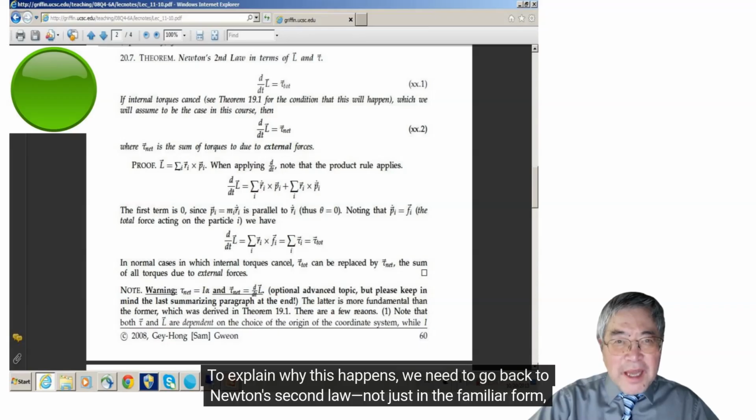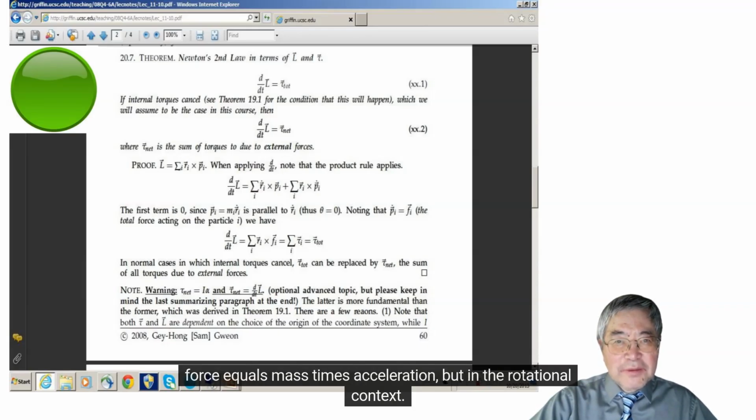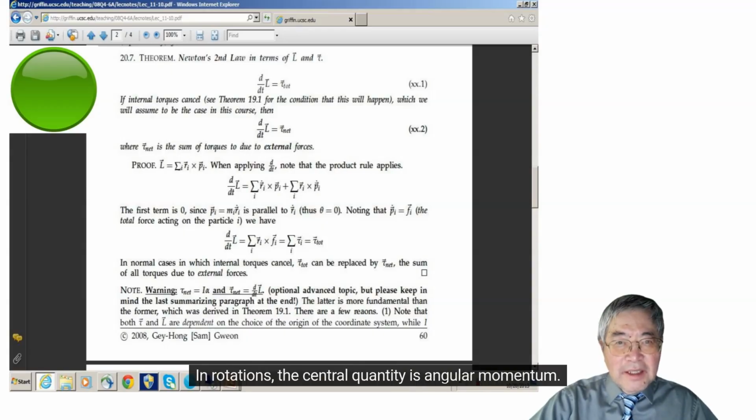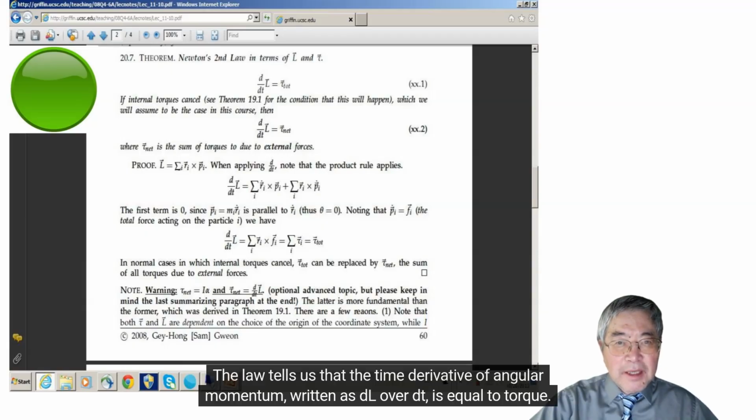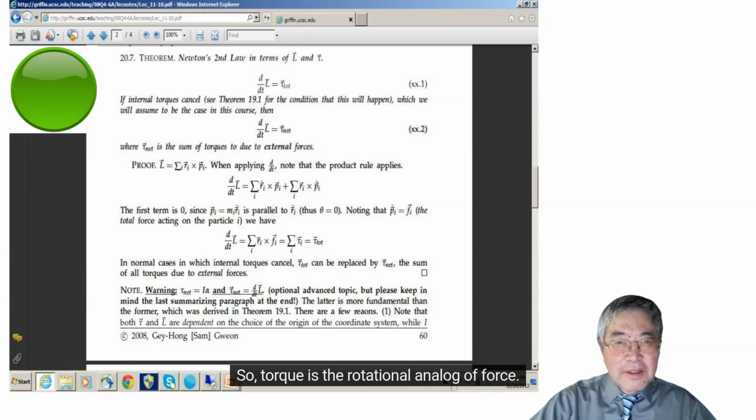To explain why this happens, we need to go back to Newton's second law, not just in the familiar form force equals mass times acceleration, but in the rotational context. In rotations, the central quantity is angular momentum. The law tells us that the time derivative of angular momentum, written as dL over dt, is equal to torque. So torque is the rotational analog of force.